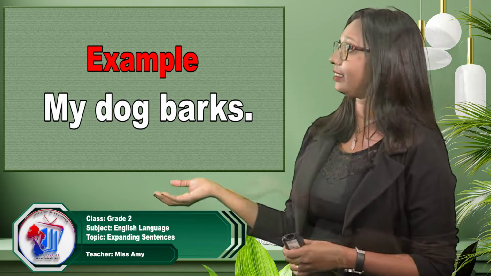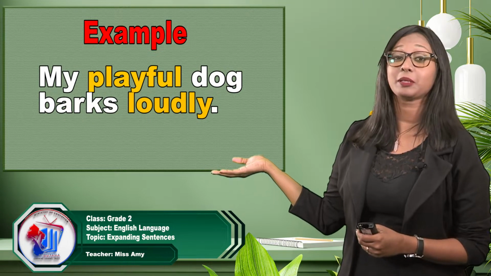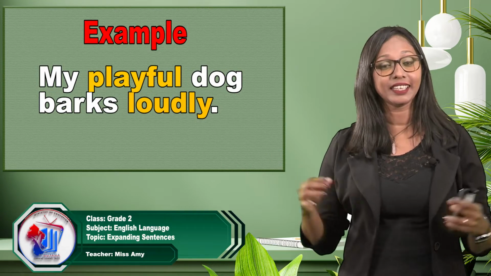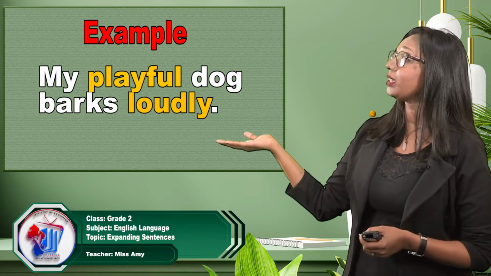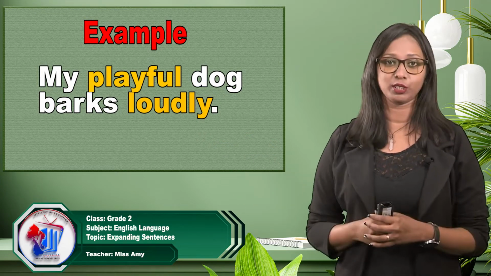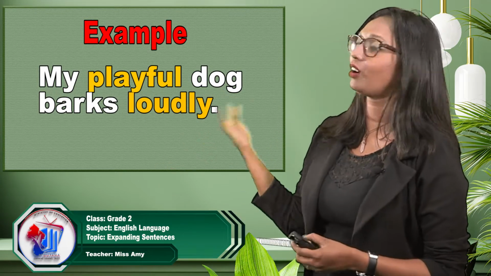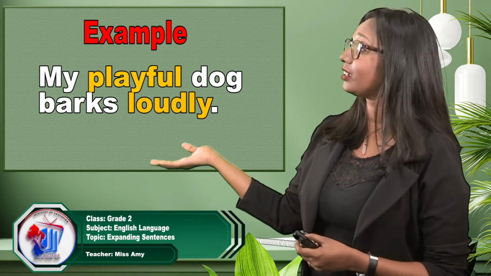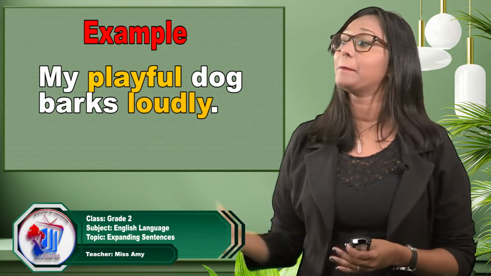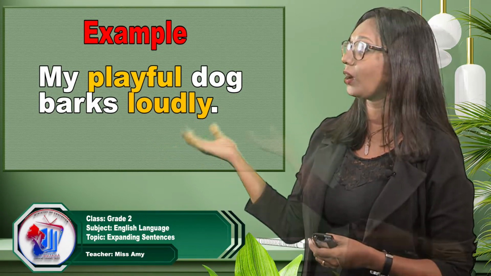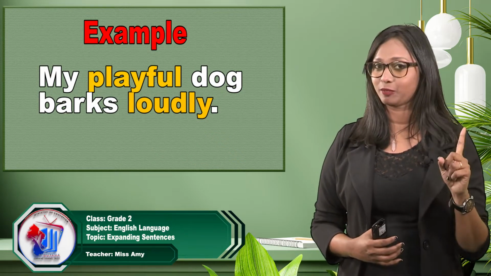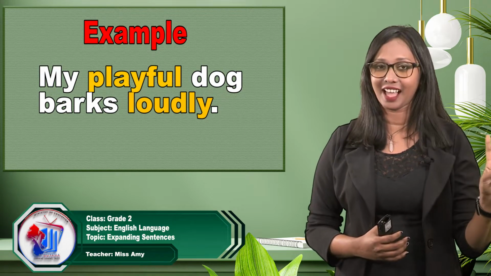But if I say, my playful dog barks loudly, now we know what kind of dog it is. It is a playful dog. And how does this dog bark? This dog barks loudly. So, my playful dog barks loudly. So now we know that the dog is playful and the dog barks loudly.